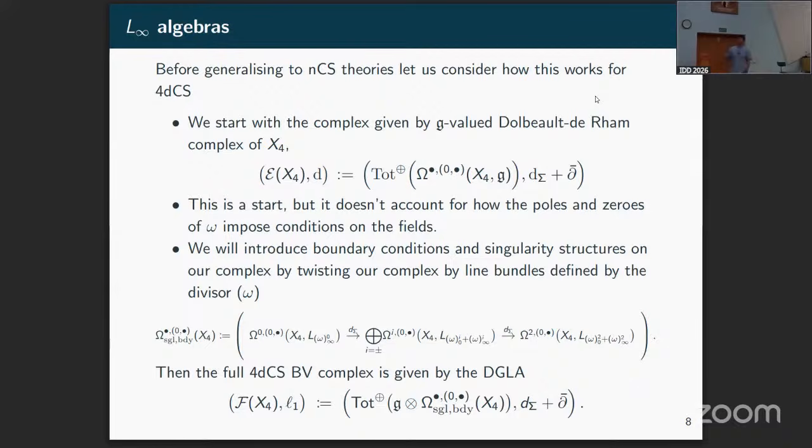So now this gets upgraded, and at each node of this complex here, we have this twist by line bundles. And then the full 4D Chern-Simons theory, boundary conditions and singularity structure is given by this expanded complex. So you can see here it's got the de Rham differential, Dirac, and it's got all the boundary conditions.